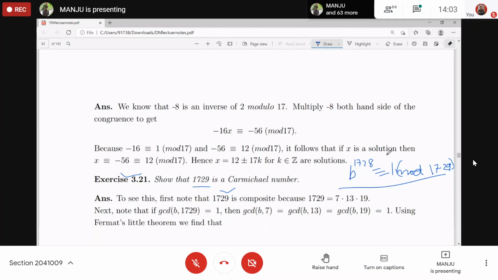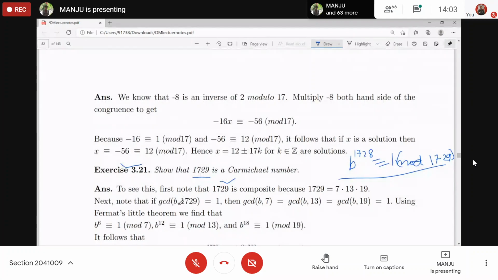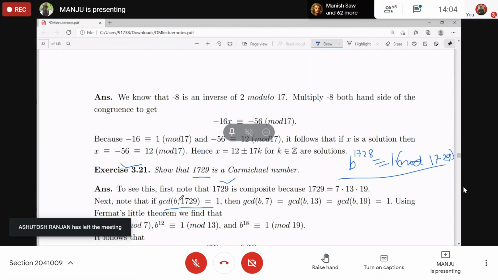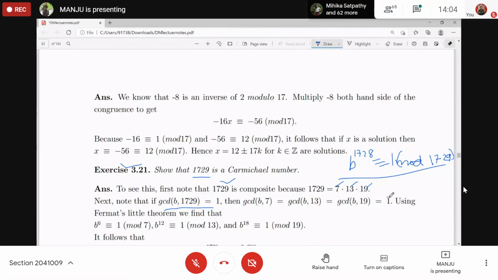So suppose b is a number such that GCD of b with 1729 is 1. So its factors are also co-prime with b. That's why GCD of 7, 13 and 19 with b is also 1.